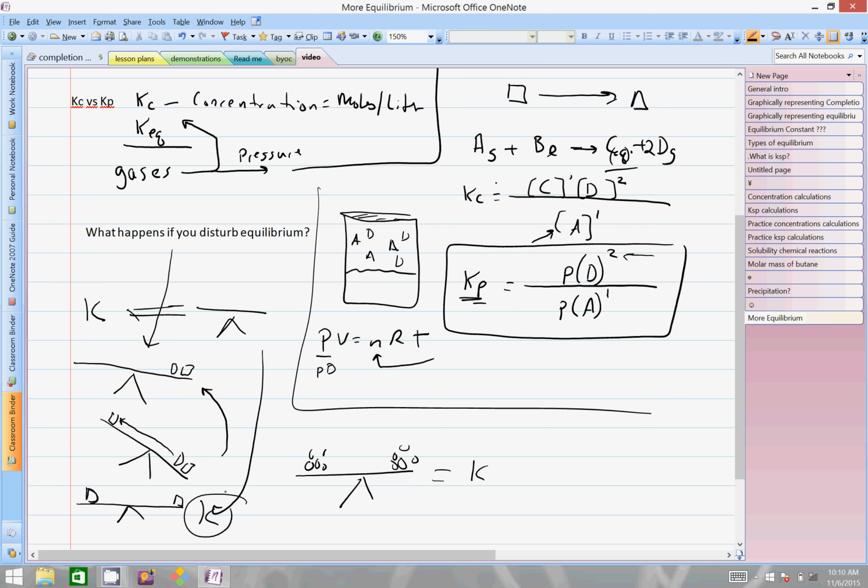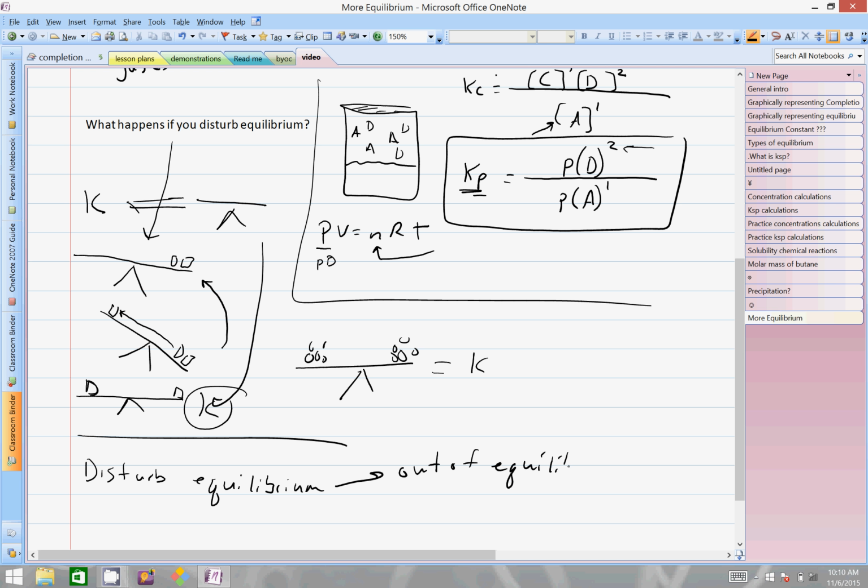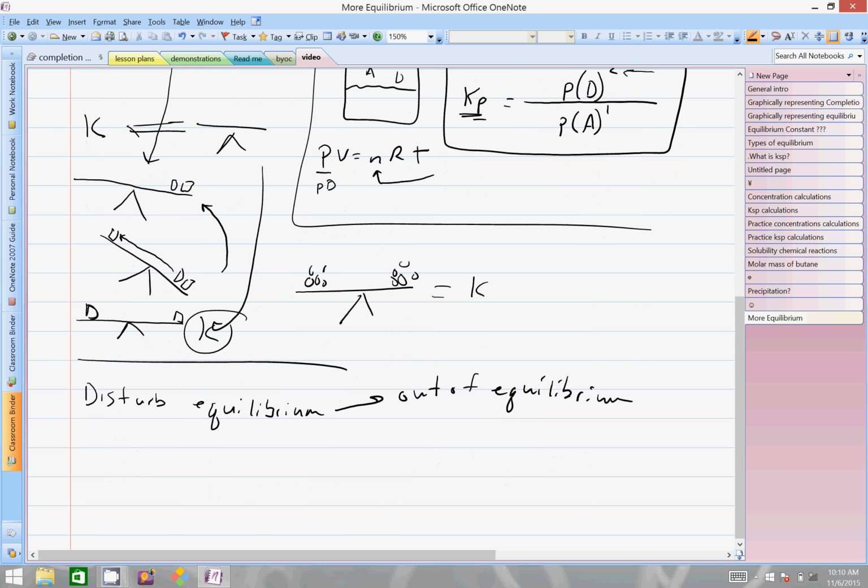So it's a ratio. Whenever you disturb equilibrium, and this is very important, what you're basically saying is you are taking it out of equilibrium. You're doing something to make it no longer in its balance, which is what we measure as K. So this thing wants to return to equilibrium, as all nature does.